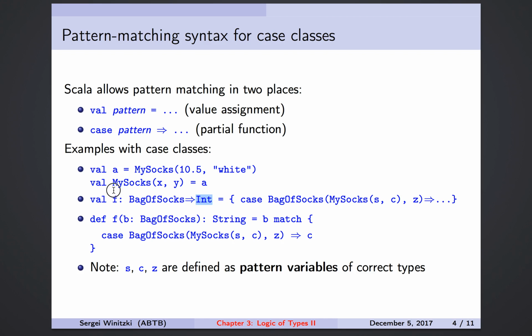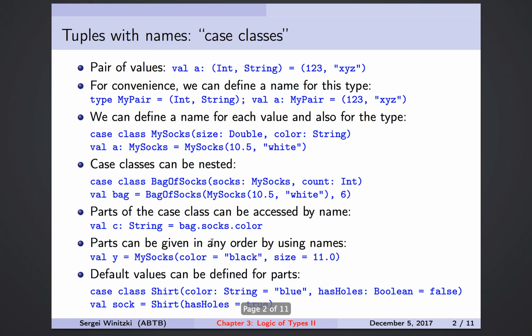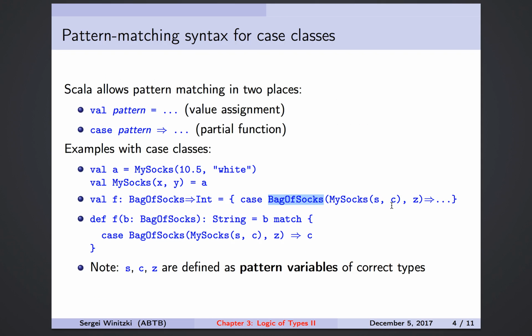So imagine we have this function that computes something useful, and then how do we define this function? Well, we need some kind of match. So we need to get values out of socks. One way would be to just do the access by name. Another way is to define it by pattern matching. Then you define all names at once, and this is convenient.